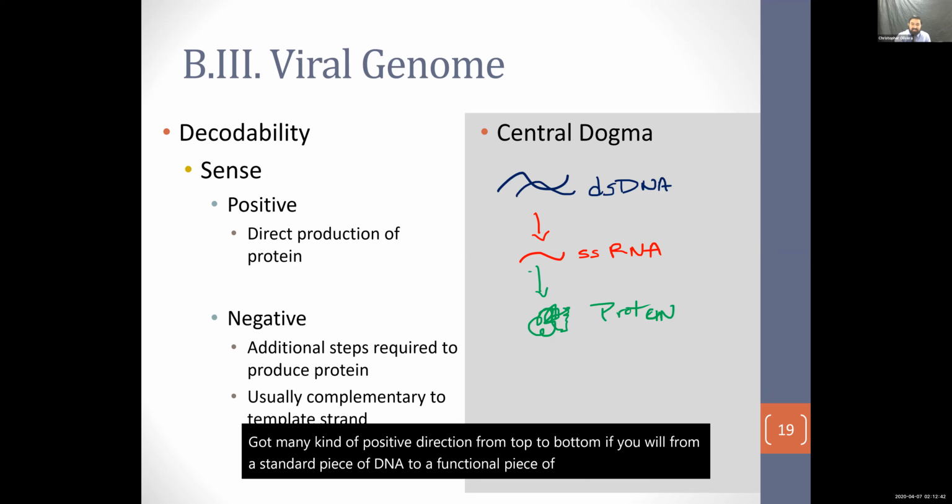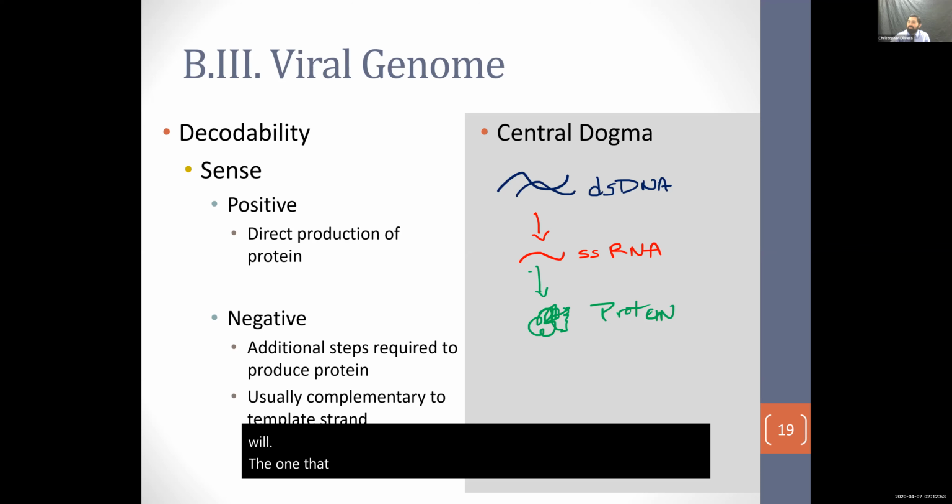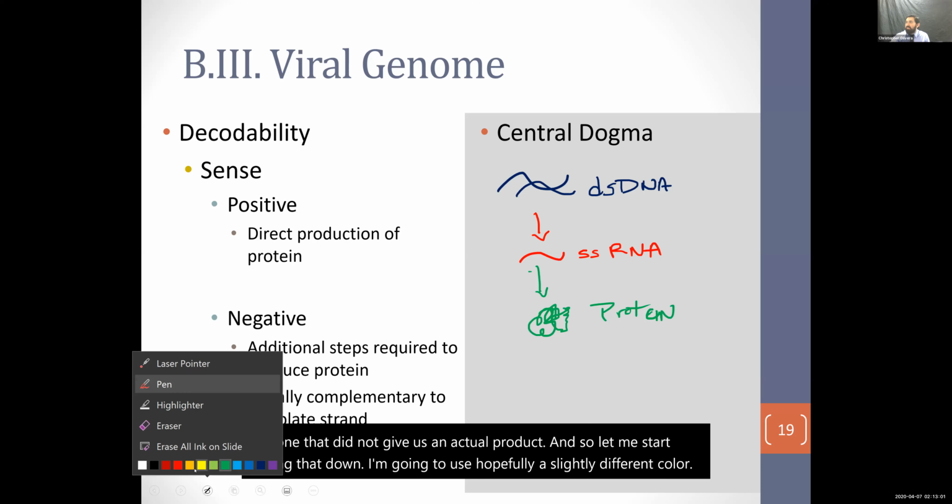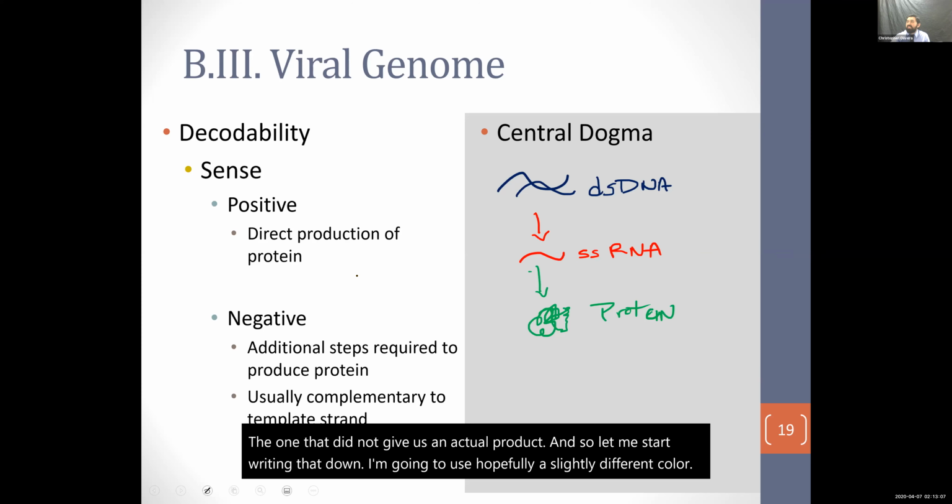Now, the negative sense, remember, we were talking about, in this case, using the complementary sequence, if you will, the one that did not give us an actual product. So let me start writing that down. I'm going to draw it off to the side. So now envision that this guy, instead of being positive sense, we're going to call negative sense, and is the complementary version of that guy.